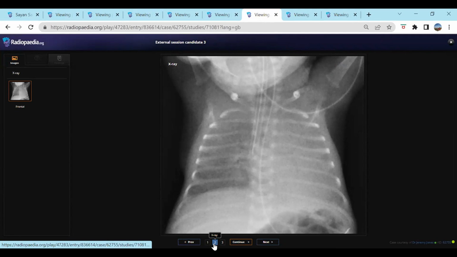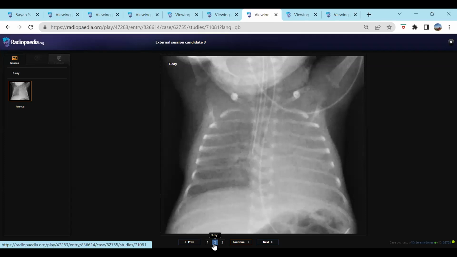I could appreciate the endotracheal tube, which is quite low in position and seems to be in the right main bronchus. It should be pulled upward. There is also a nasogastric tube, which is quite satisfactory in position.